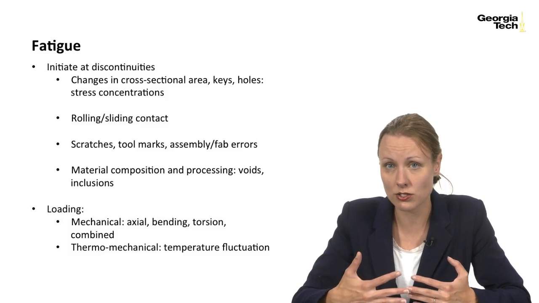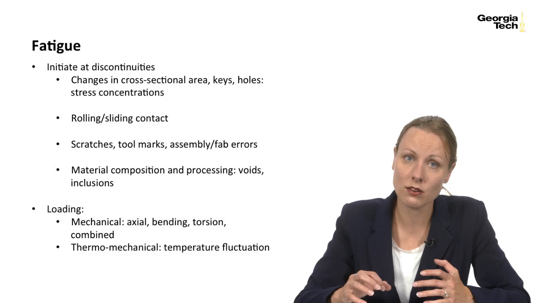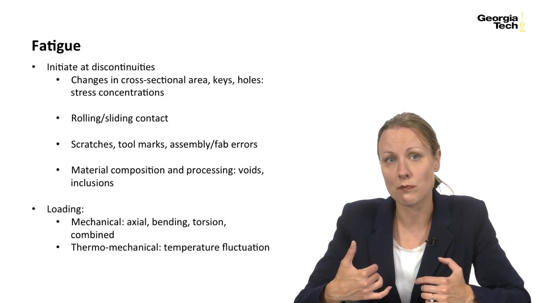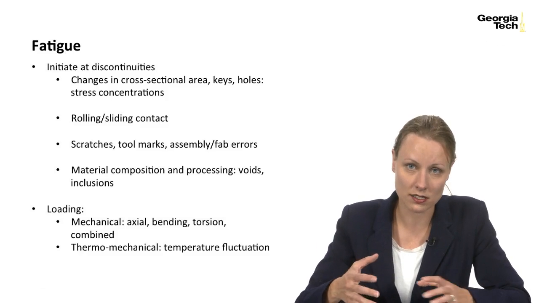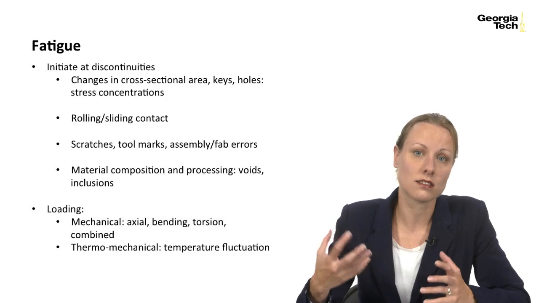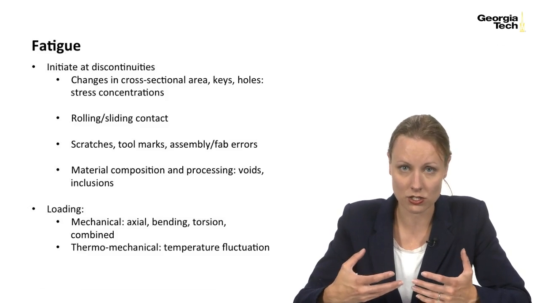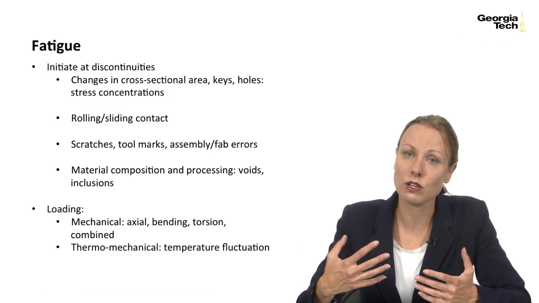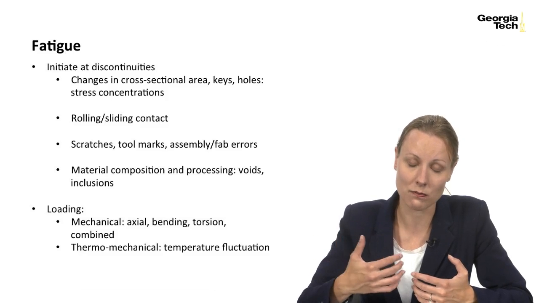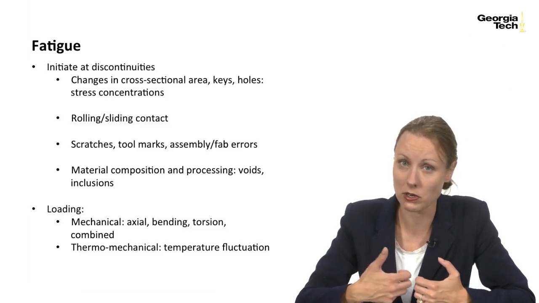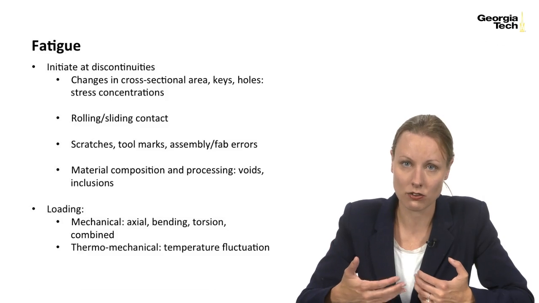They could be cross-sectional areas that are changing, such as diameters, keys, or holes, as well as scratches, tool marks, and assembly errors. All of these things can lead to areas where stress will concentrate and start the initiation of cracking. Also, in rolling and sliding contact, you get highly localized, concentrated stresses at the point of contact, and that can be another place where you get crack initiation.